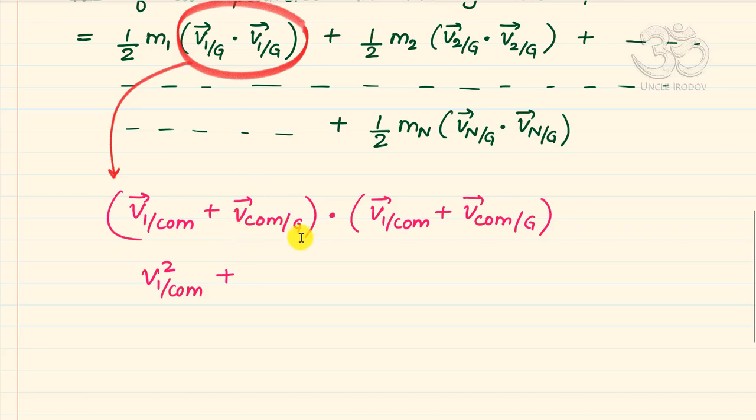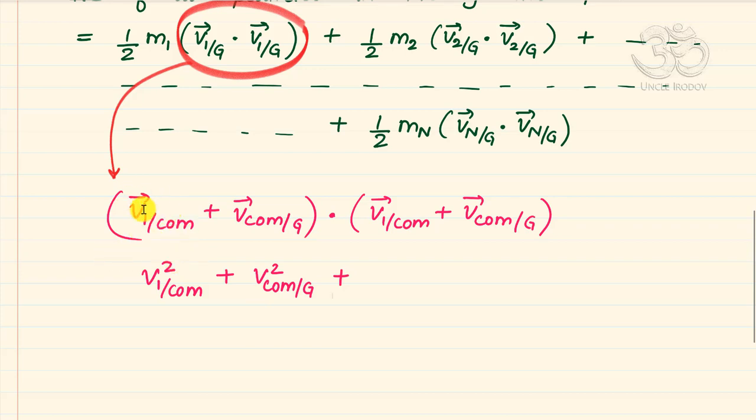Plus, let me look at the last two terms. So V center of mass with respect to ground and V center of mass with respect to ground. When I take their dot, it will be just this guy's magnitude times this guy's magnitude times cos of 0. So I'm going to end up with V center of mass with respect to ground square. Plus, now you know that it doesn't make a difference whether it's A dot B or B dot A, we get the same result.